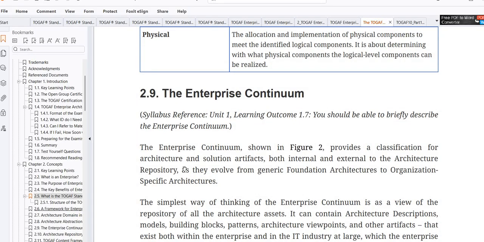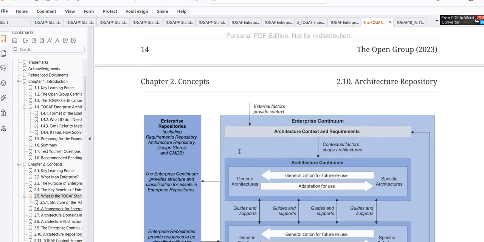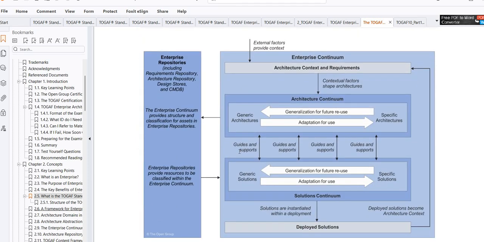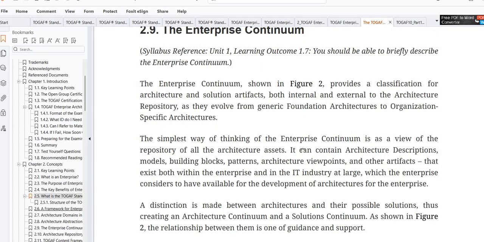And now coming to the enterprise continuum. This is very important. The enterprise continuum, very simply, is how your organization works, from generic to specific architecture, from generic solutions to specific solutions. How the layers of the enterprise continuum work, we can see in detail.